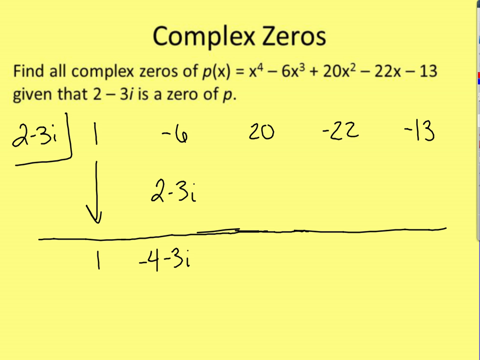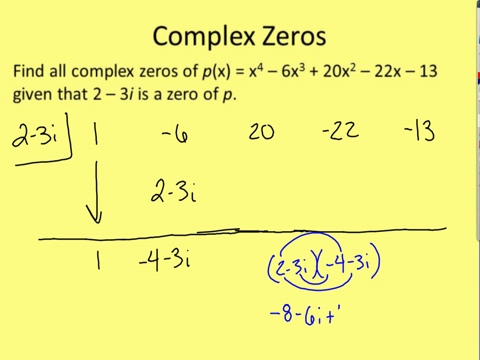Now you are going to have to FOIL. We have a 2 minus 3i and a -4 minus 3i. So when we FOIL, this is going to give us -8 minus 6i plus 12i. -3i times -3i gives us a positive 9 i squared.